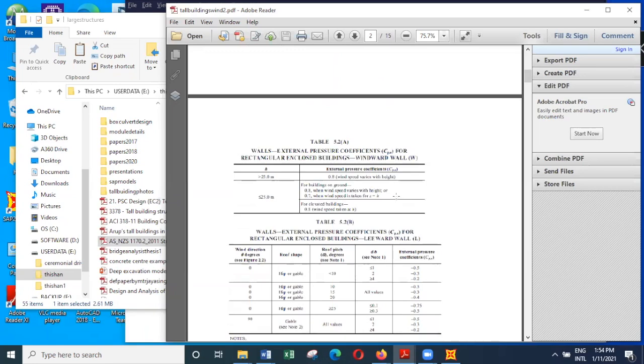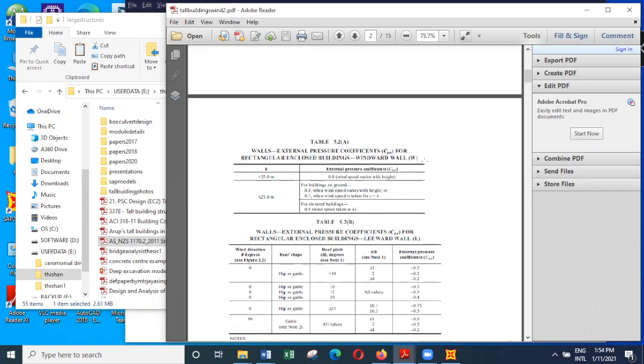When you know the design wind speed, we can find the design pressure, and when you know the coefficient that can relate the pressure to the force, you can actually calculate the force as well, because for our structural analysis we need the force.